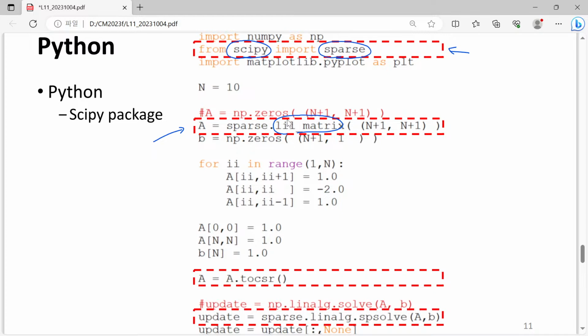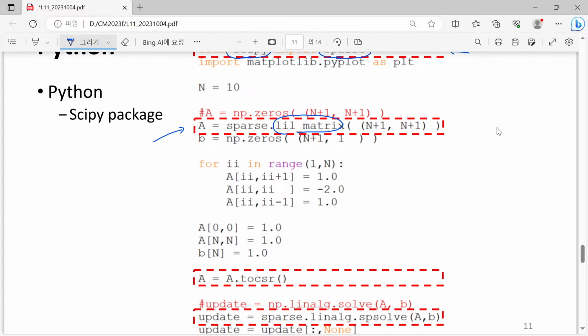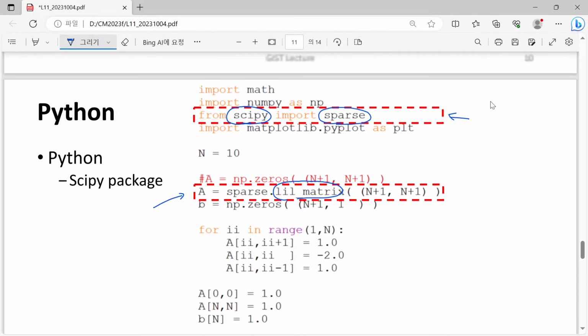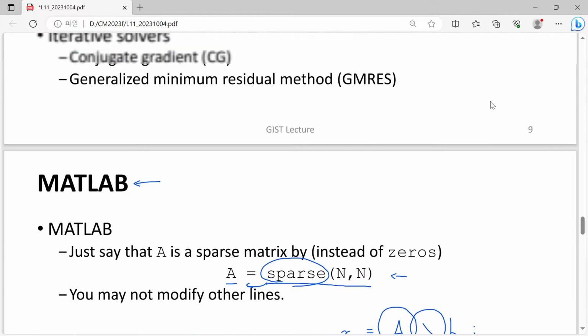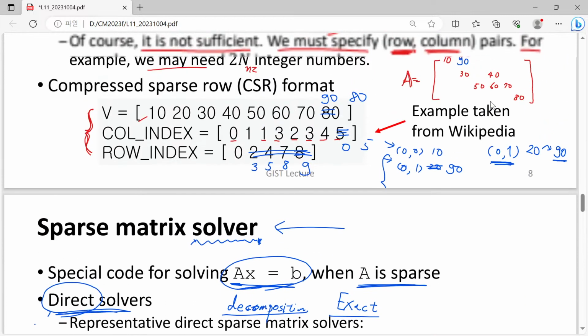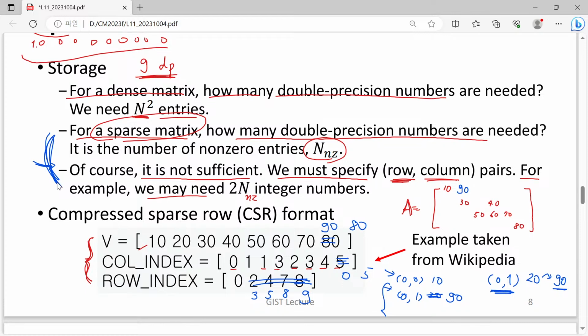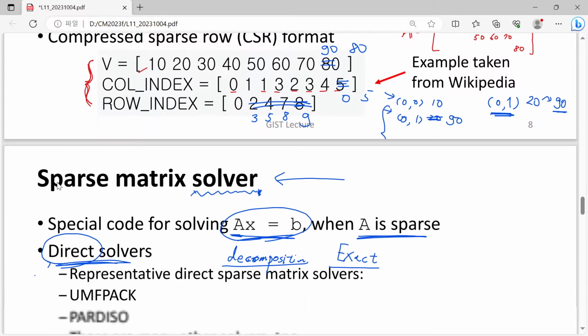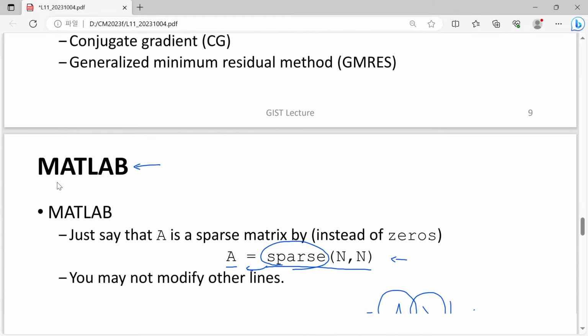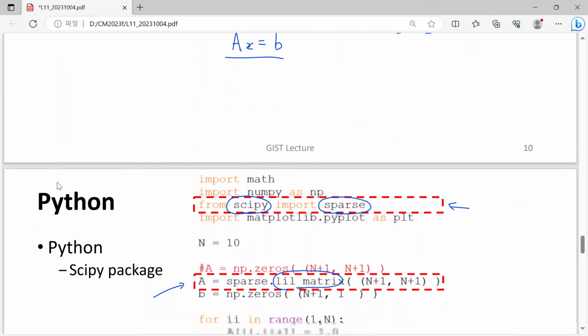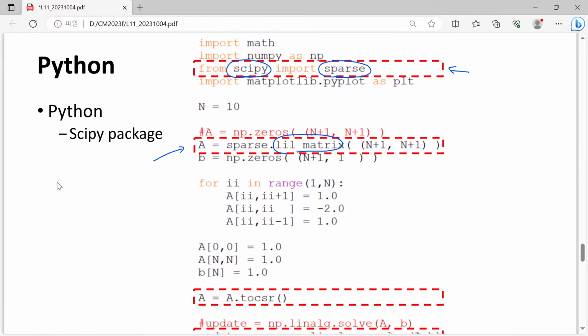So what is it? It's like the format discussed in this part. So it is easy to search and increase. However, this LIL matrix type is not the most efficient one.